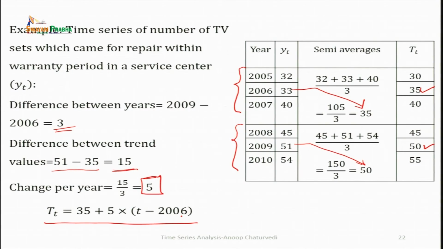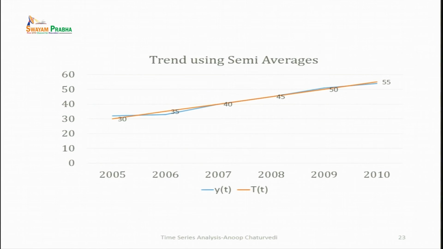And you can plot these trend values which you have obtained using the method of semi-averages. So, trend line is linear and you get the trend values corresponding to different time points also.